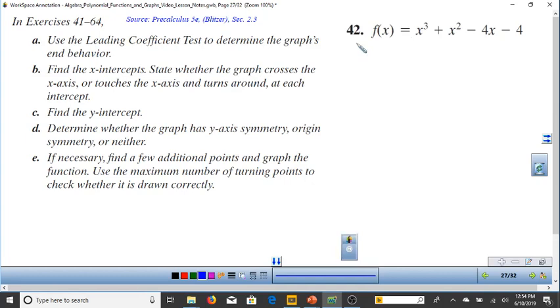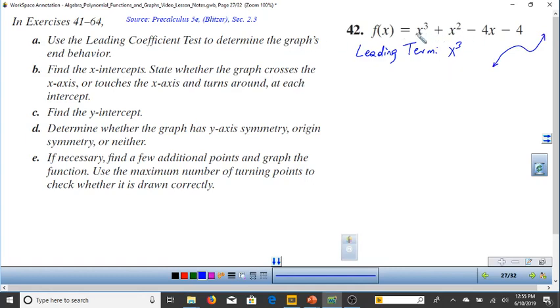You see that the leading term here is x cubed, which means the end behavior starts low, ends high, and it probably turns at most twice.